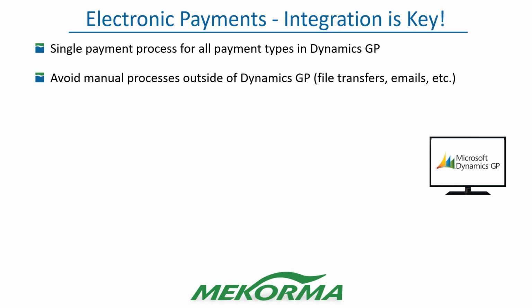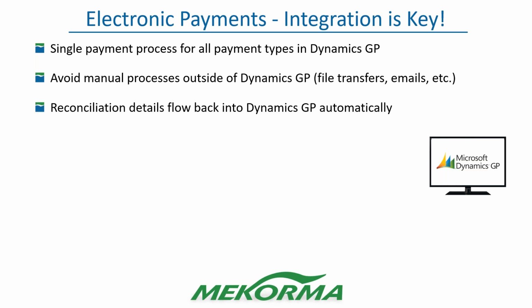So moving back just to the single payment processing, you're not going to want to have to process ACH one way, checks another way, and then let's say your virtual credit cards one way. So we wanted you to have that ability to process all of these right within the same screen in GP. So when you click process as of today, what's going to happen is it's going to print out a bunch of checks.